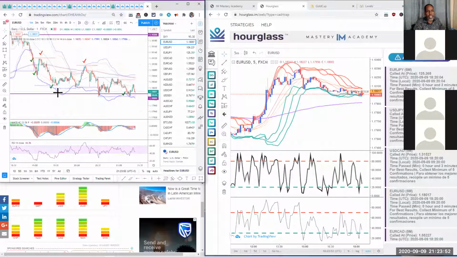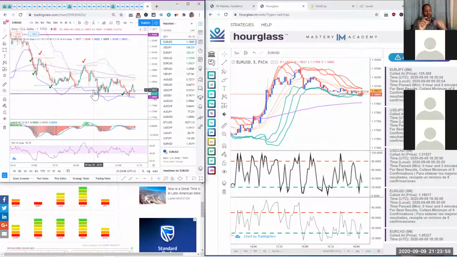If you are on the paid version of TradingView, you can actually split your screen into two and have two time frames on the same currency. So for me to achieve the same effect, I get the hourglass, which is on a 5 minute, and I superimpose it, and I have mine, which is on a 1 minute.